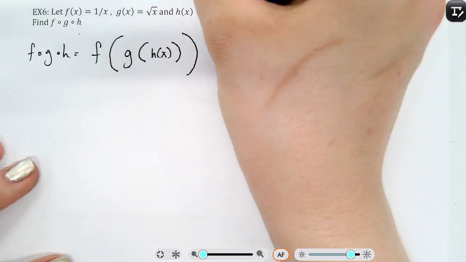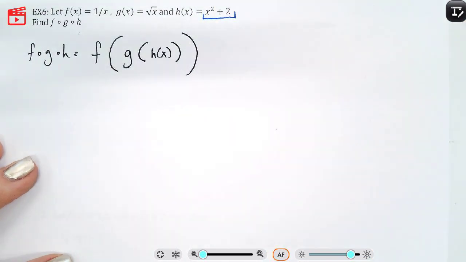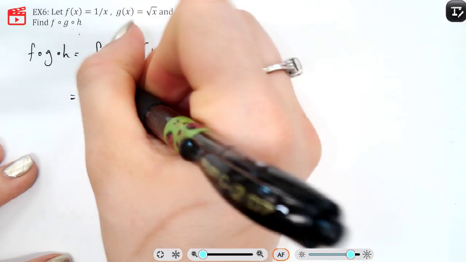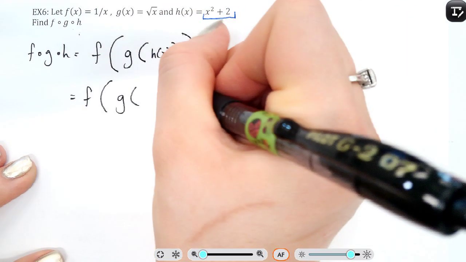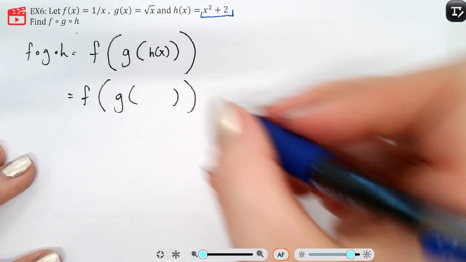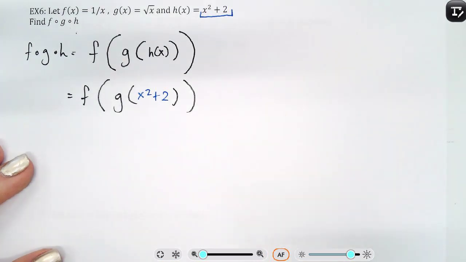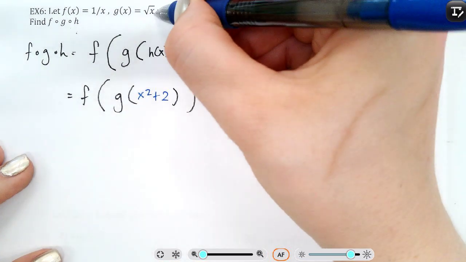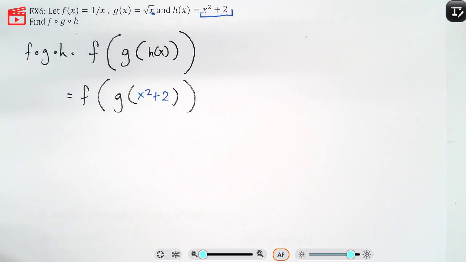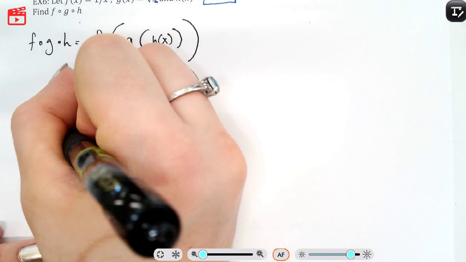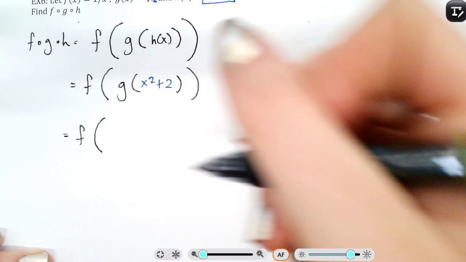So let's go ahead and start with h of x. That's the first one we're going to put in. So that's going to be g of, and what is my h of x value? Well, it's x squared plus 2. Now we're going to take that and input it into our function. So our new input value is going to be that.